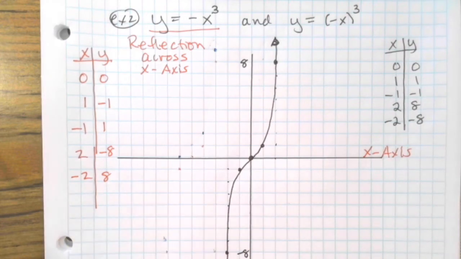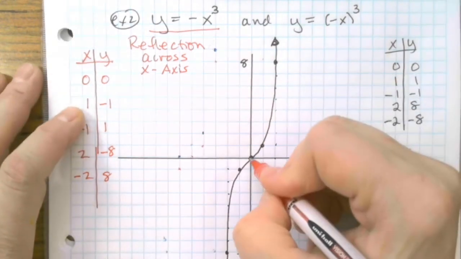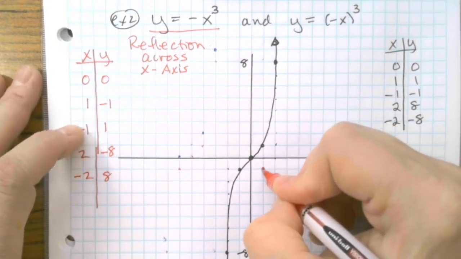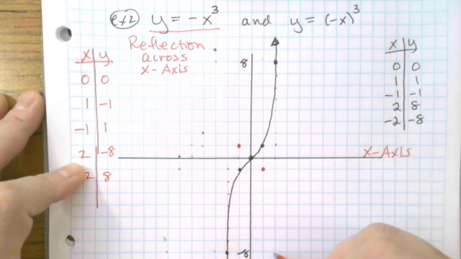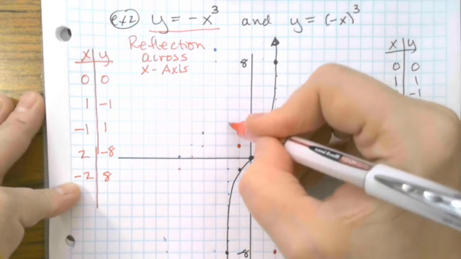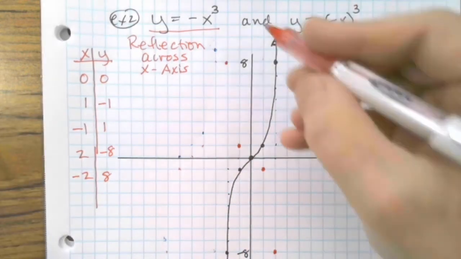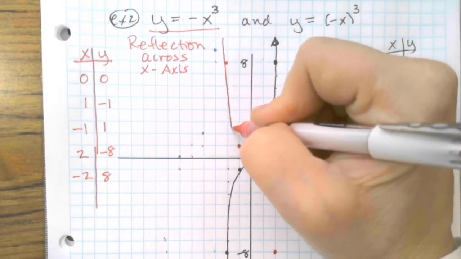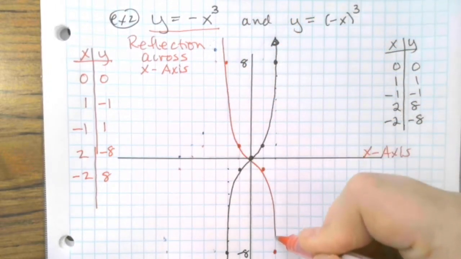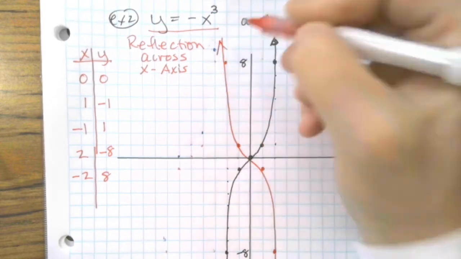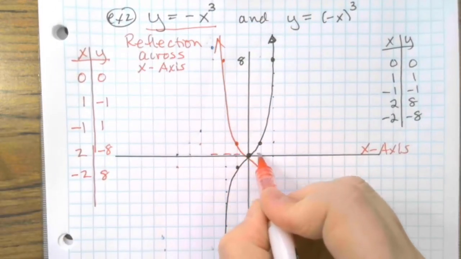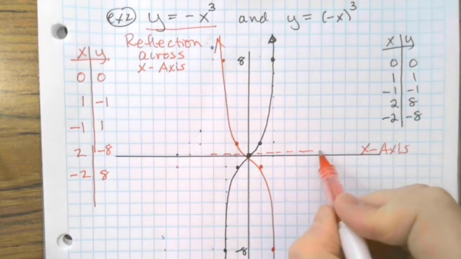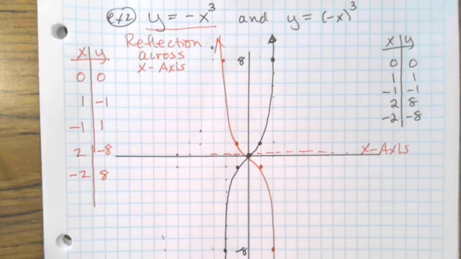All right, let's plot our points and see if it agrees with that. (0, 0), (1, -1), (-1, 1), (2, -8), (-2, 8). And yeah, that looks like it's been flipped across the x-axis. That's our line of reflection, so that looks good.